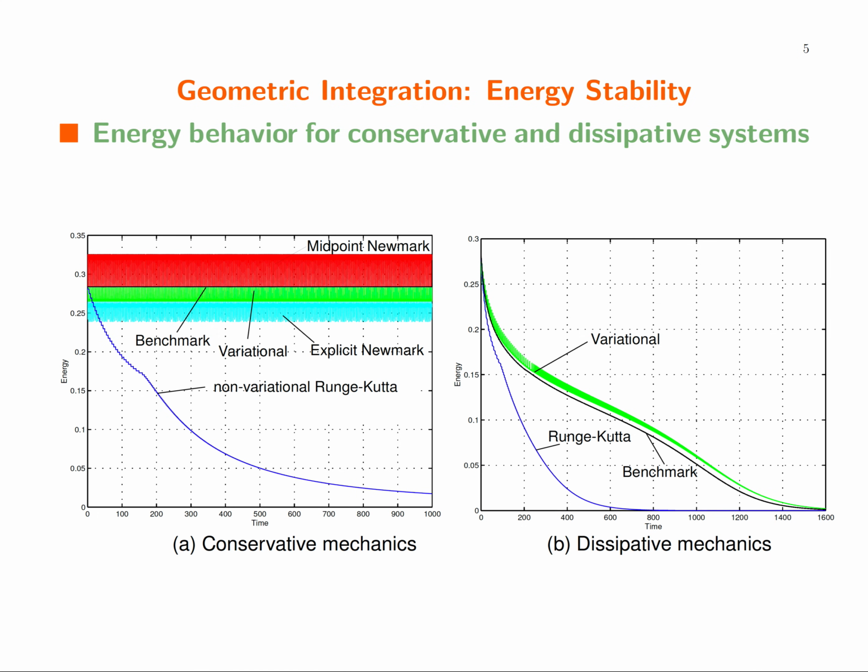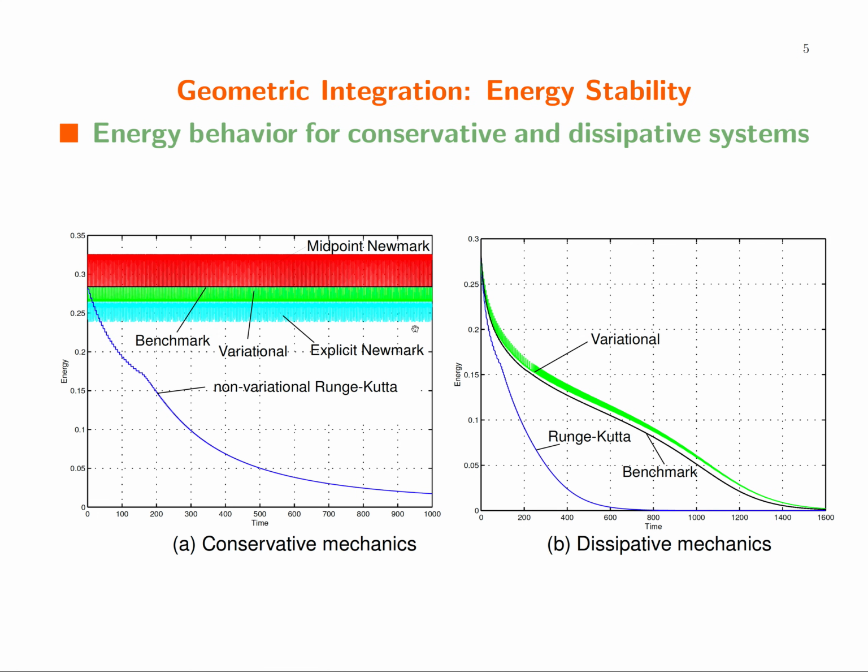So this is in contrast to a non-variational Runge-Kutta method, like here, and you see that that exhibits energy decay, which is non-physical. So that's the case for conservative mechanics, where you expect the mechanical system to exactly preserve the energy. You might ask, well, what happens if the system is forced or it has dissipation?